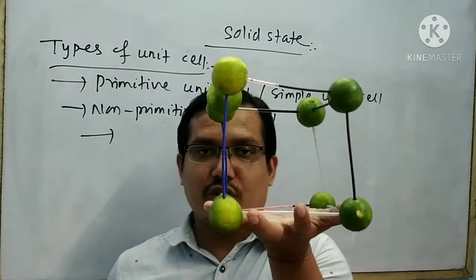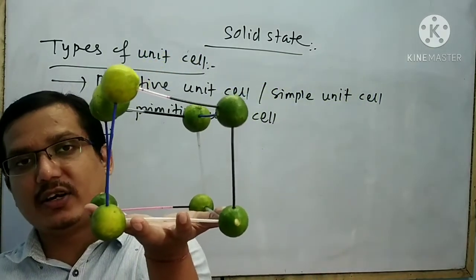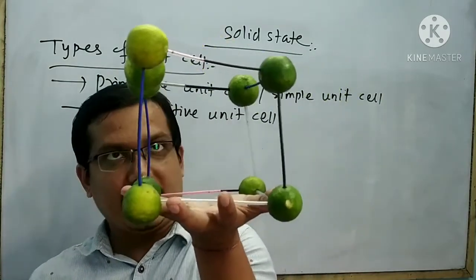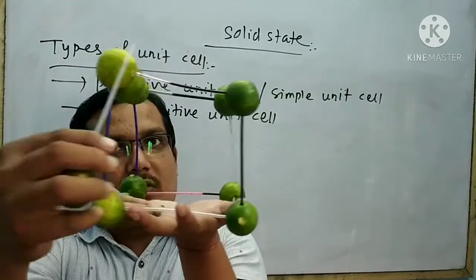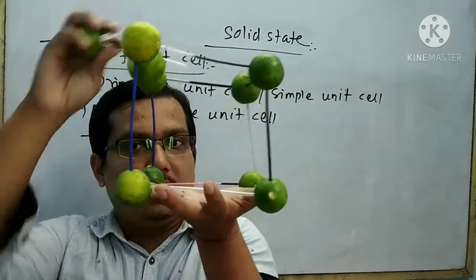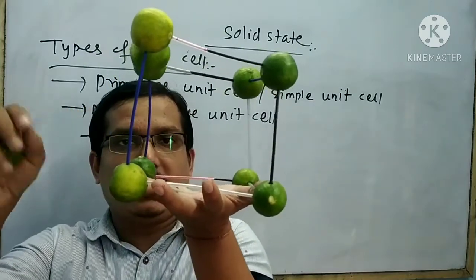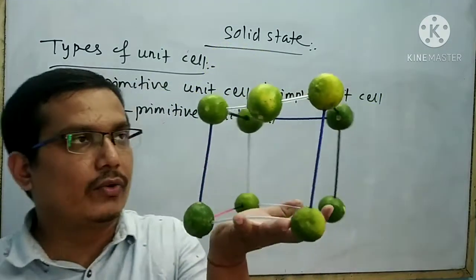In edge-centered cubic, the constituent particles are present at the center of the edges. How many edges are there in this unit cell? There are 12 edges: 1, 2, 3, 4, 5, 6, 7, 8, 9, 10, 11, 12. Look at that.